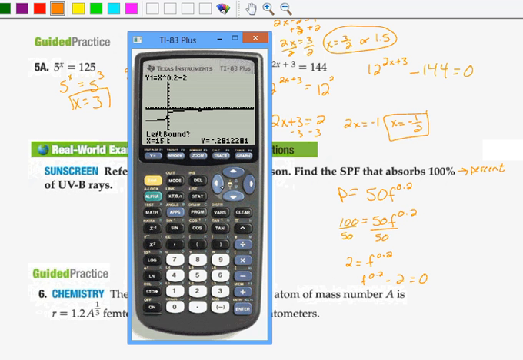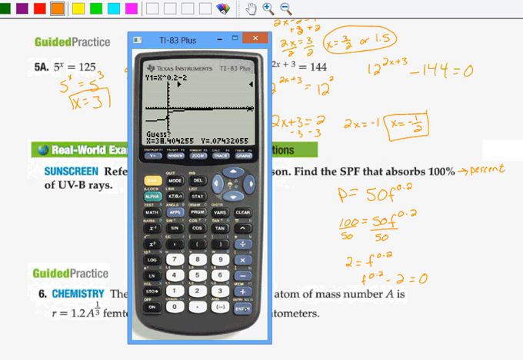Okay, left bound is to the left of our intersection. So I'm going to put this way down here because this is to the left of our intersection. Right bound, we're going to have to go above the intersection. Goodness, come on, calculator. So I'm going to move this to above the intersection. So look at that. It looks like I'm above the x-axis. And it'd be for sure over here.